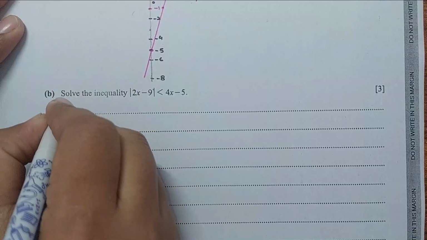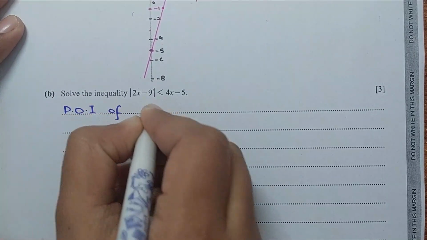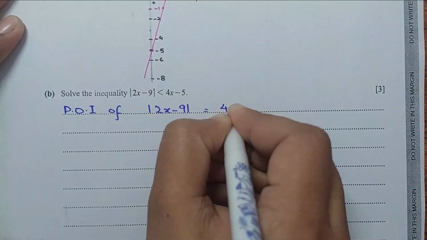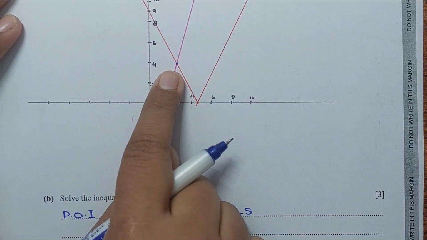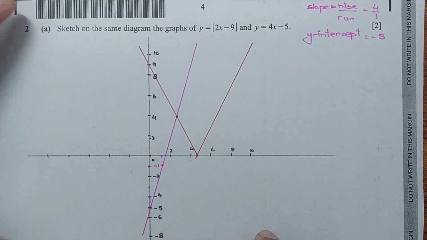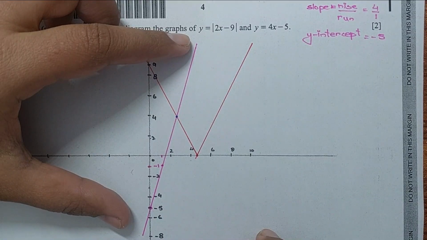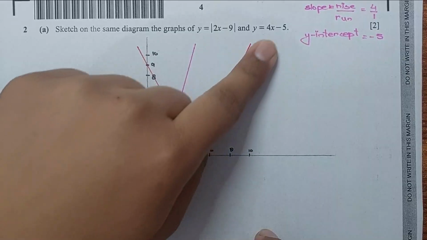So first we need to figure out the point of intersection of the absolute value of 2x minus 9 equals 4x minus 5, put them equal. They have only one point of intersection, and this linear function y equals 4x minus 5 intersects with this part of the curve only, not with this one.